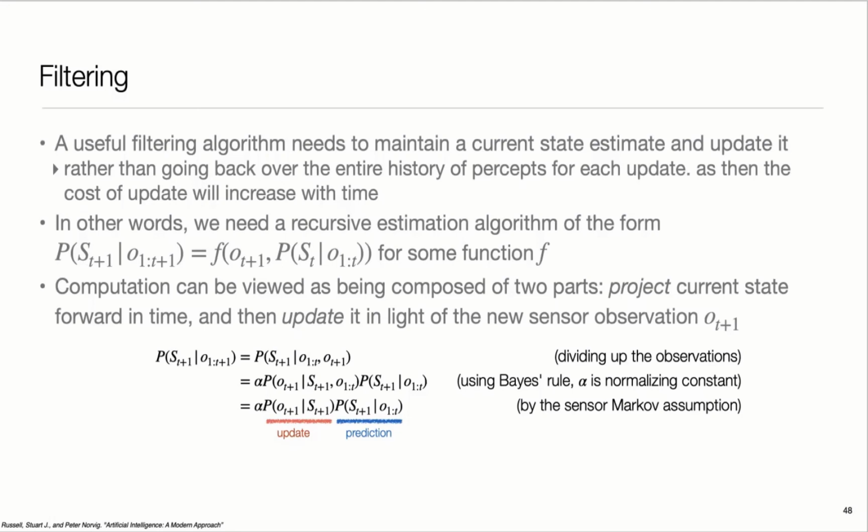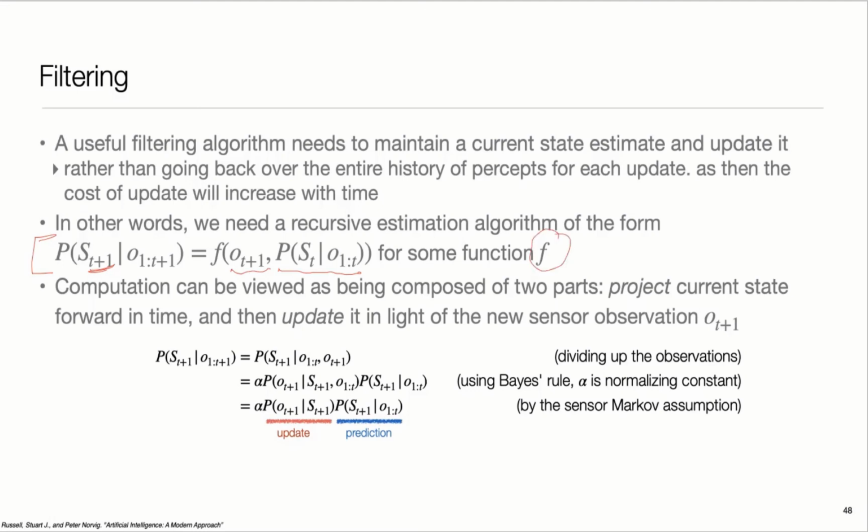Essentially what we want is a way where I can do what is shown here: the prediction at time t plus 1 can be done by making use of the distribution I came up with at time t, together with the new observation at time t plus 1. And of course, I need to come up with what that function f is.